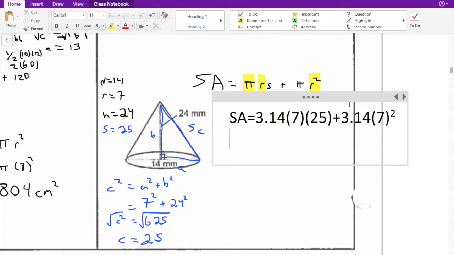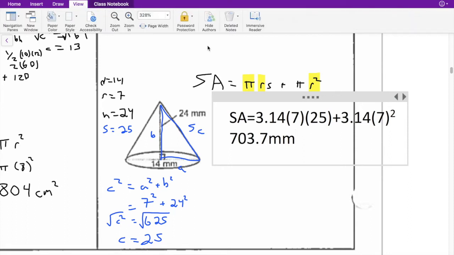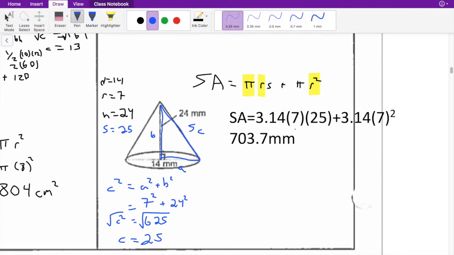So I know that my surface area altogether, if I run those numbers, is going to be 703.7 millimeters squared. And let's get lazy with this one and just write it in there. Surface area equals. There we go. Two more questions left. And then I can give you your nice holiday homework.